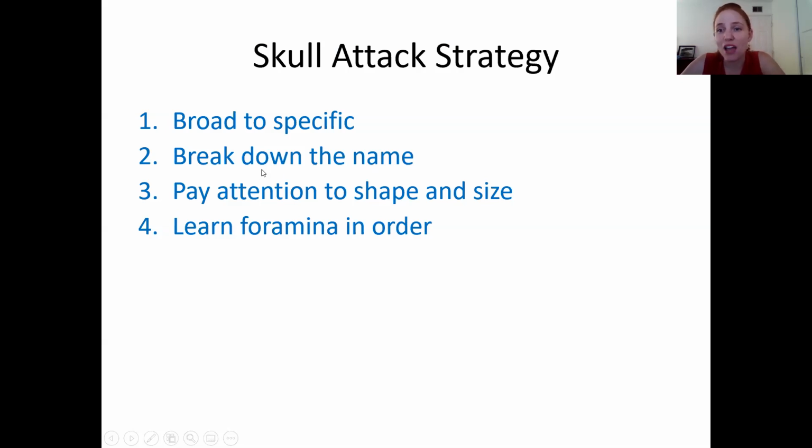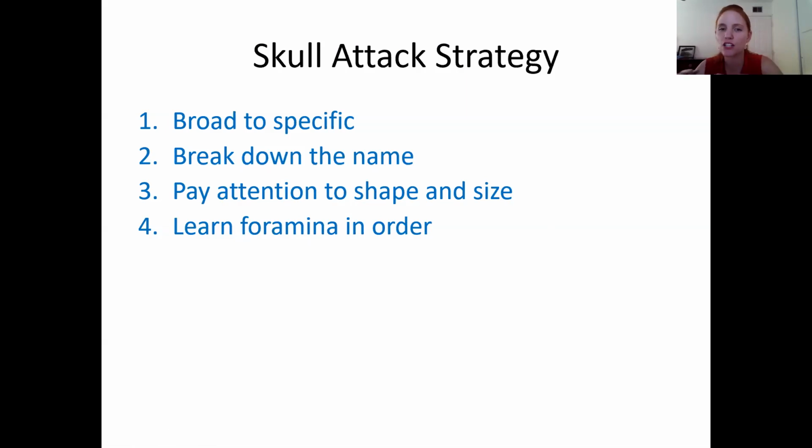Also, make yourself tell stories to yourself. Once you get to the foramina inside of the skull, you want to do multiple things. I would make up a mnemonic device, but then I would also check myself by learning some of the shapes and sizes. One thing you want to be careful about with mnemonic devices is that if you start in the wrong spot, everything's off.